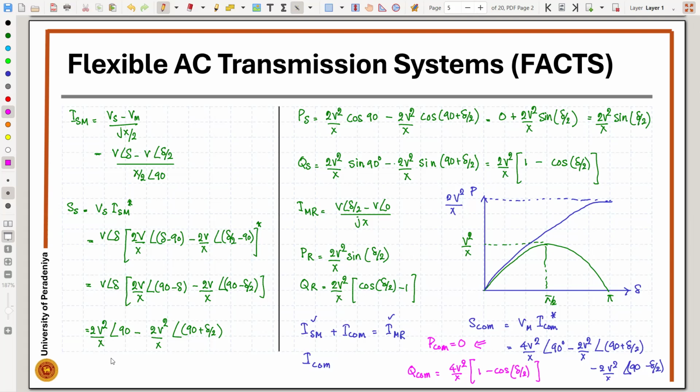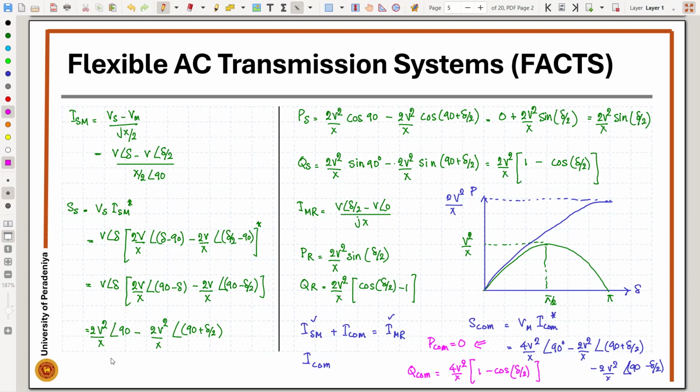In such situations, you need to find out which segment is going to dominate, whether it is the small segment or the large segment. So you need to do the analysis in that case and find out the possible power transfer capability improvement.